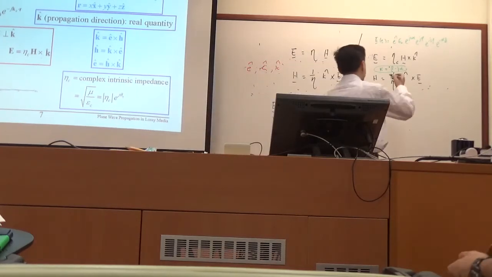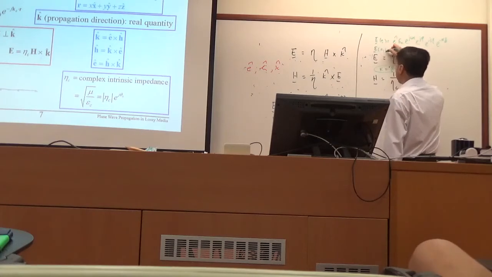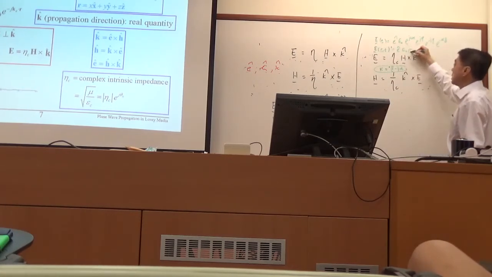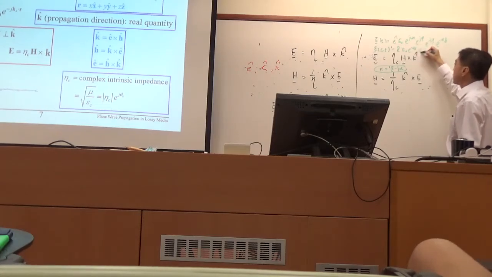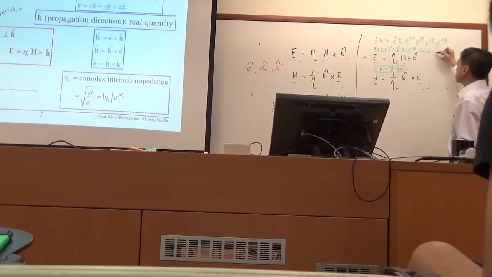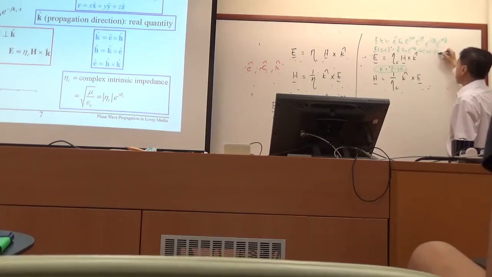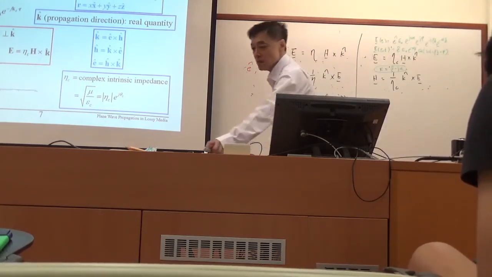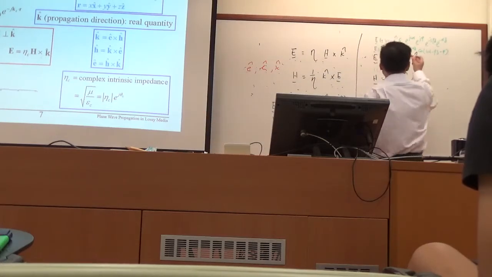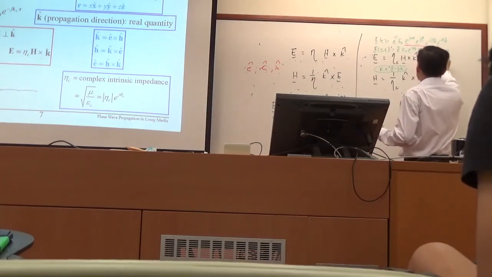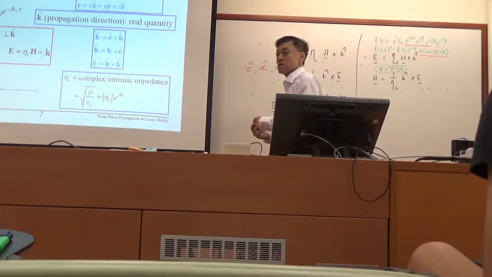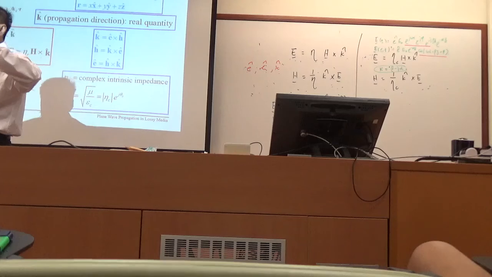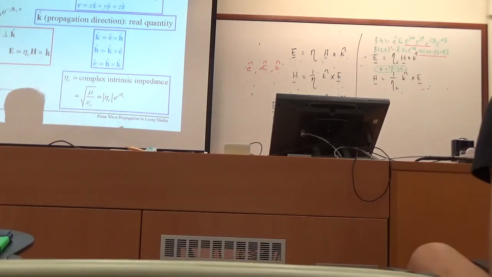Then, what is my instantaneous form? E^(-alpha z) cosine of omega t minus beta z plus phi. Convert from phasor to instantaneous form: you take the real part of the phasor.